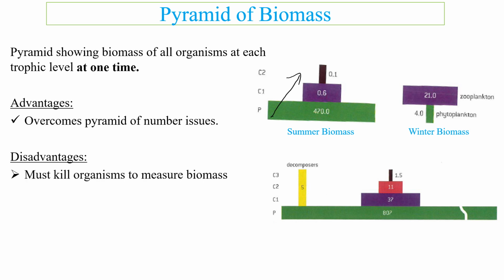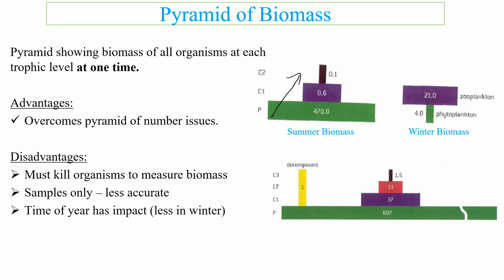If you're going to measure it, the organism has to be killed, which is a bad thing. Samples only are used, so it's going to be less accurate. The time of year also has a big impact. You can see this example here: the phytoplankton in the ocean massively increases in the summer when the sun's out and it can photosynthesise, but then it decreases when photosynthesis can't happen in the winter.